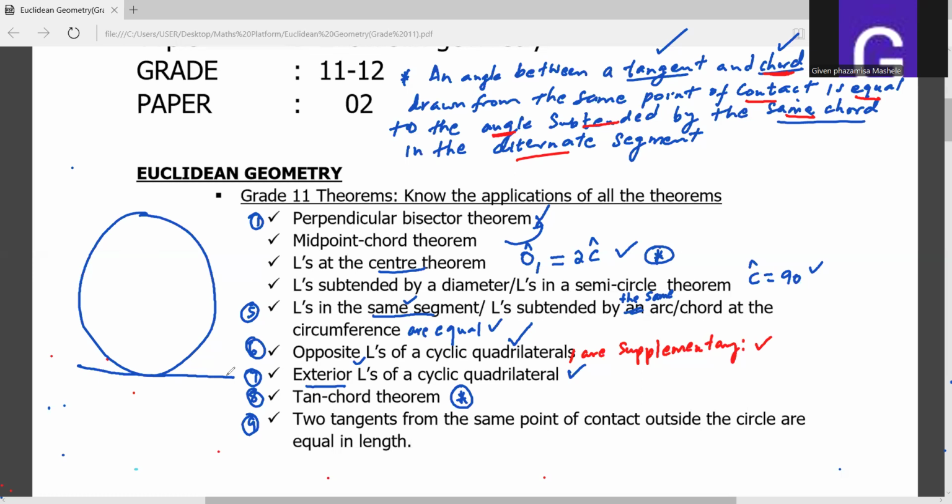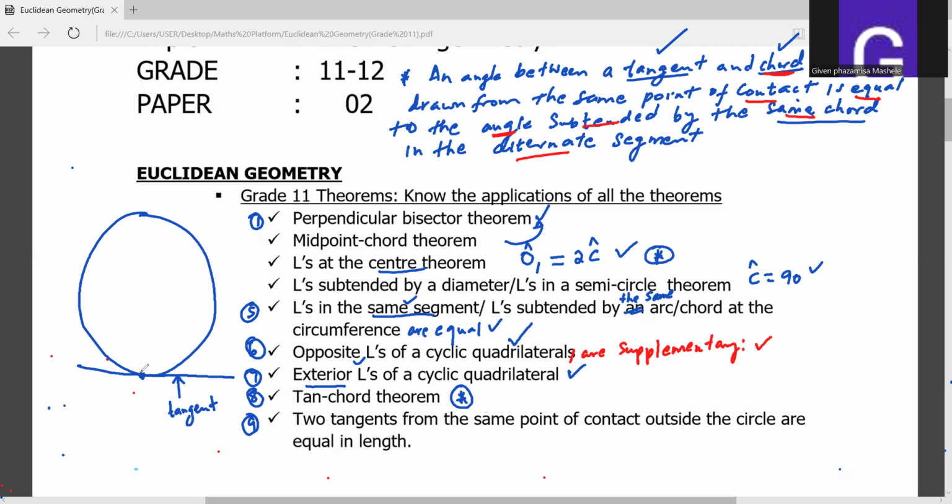Then how about a line that touches the curve more than once? What is it called? Obviously, it's called a secant.